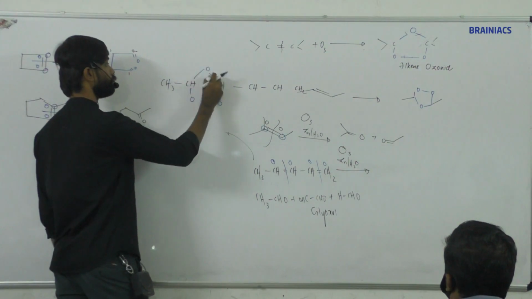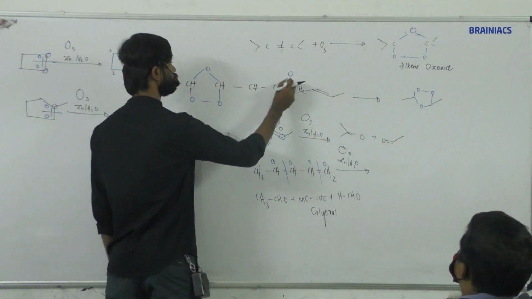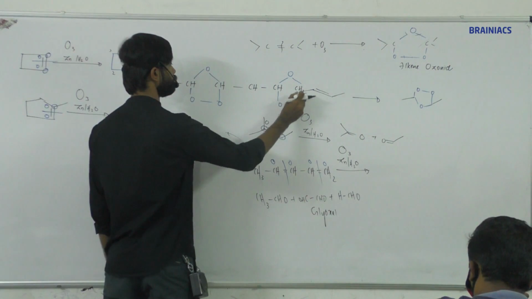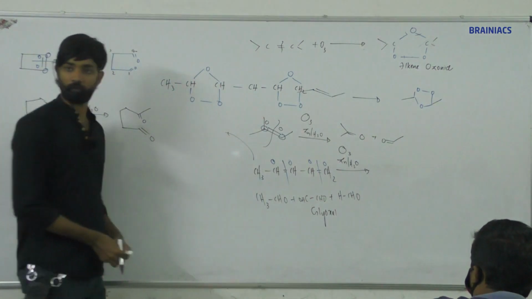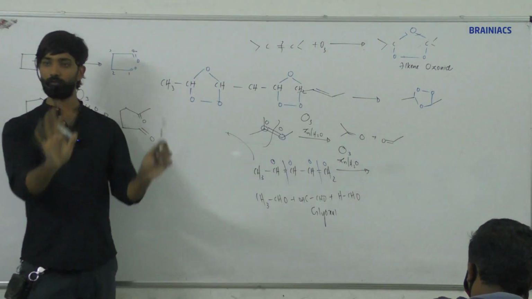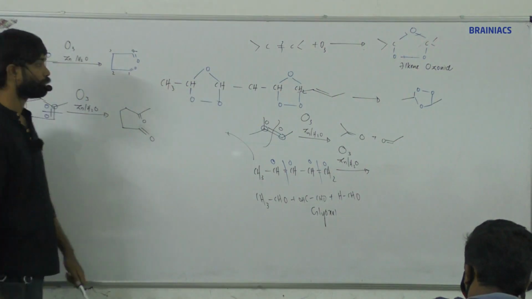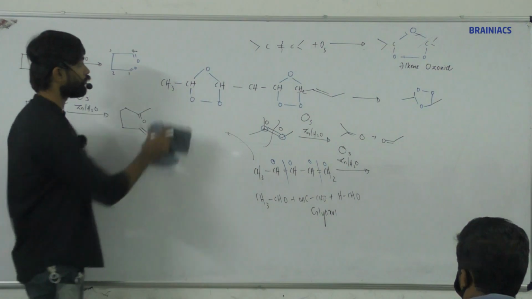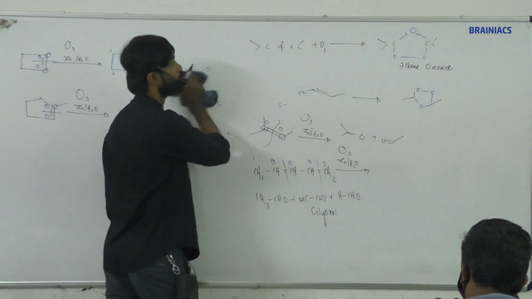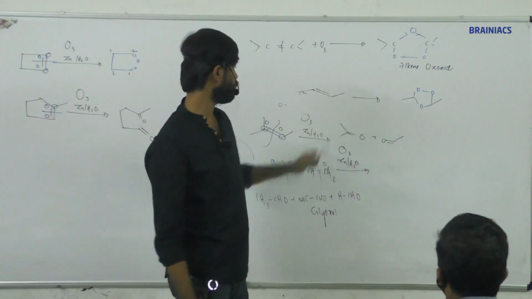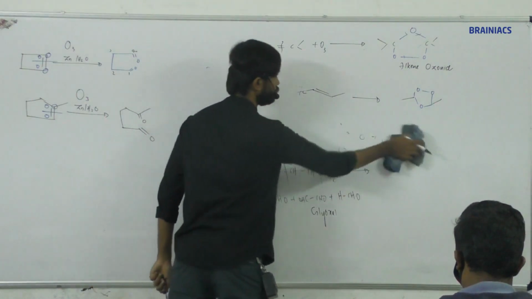Leave the bonds. Bring the ozonide. Okay. Leave the double bond and make a connection like this. Ready? So show this and write 1 or 2 examples.